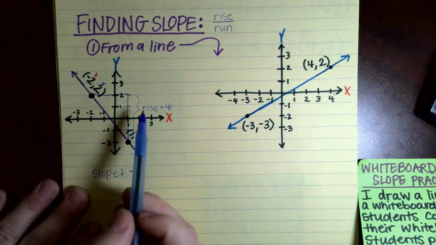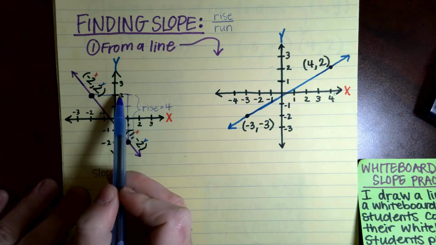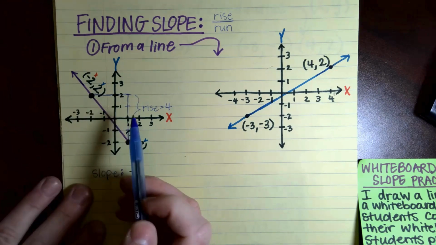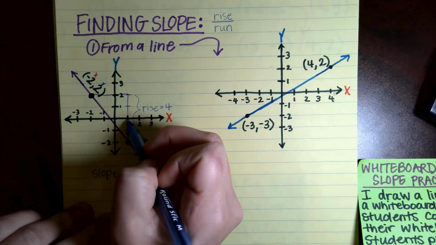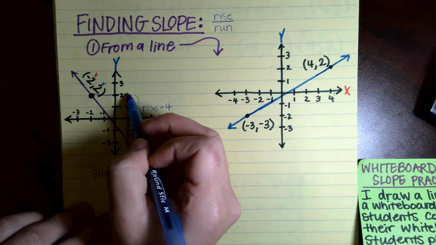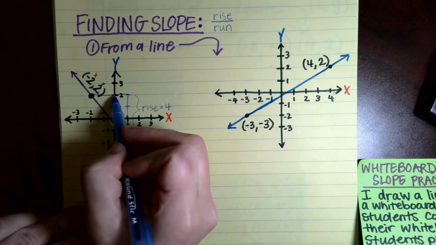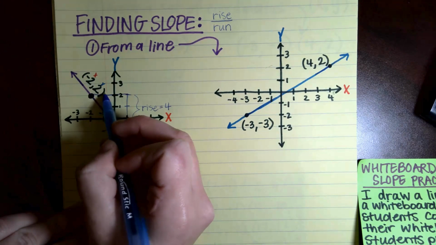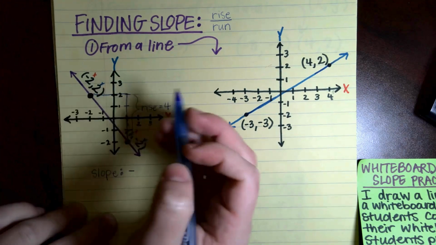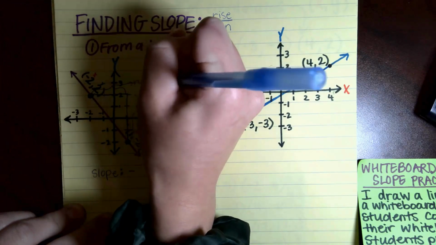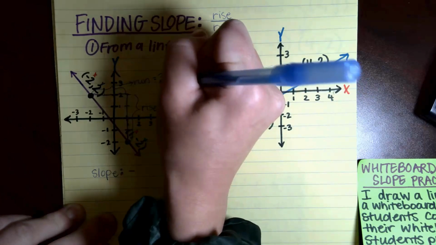Now I'm just going to count my run, which is how far we move this way in the x direction to get to the second point. So I'm starting here at x equals 1, and then I'm going to count from there. I go over 1, 2, 3. So my run is 3.